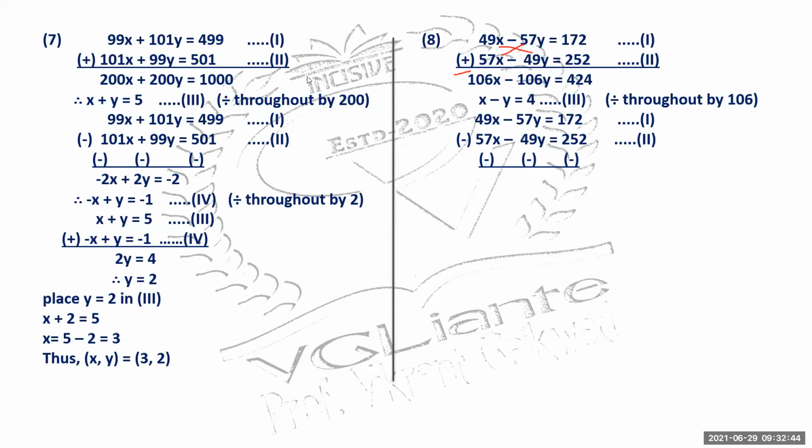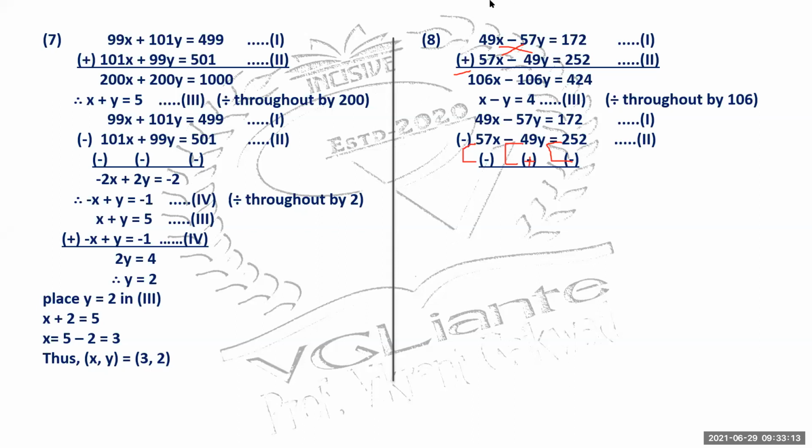Plus 57 will become minus 57, minus 49 will become plus, and this 252, here it's by mistake minus, it's plus. Sorry, 252 will become minus 252. The signs are going to change.